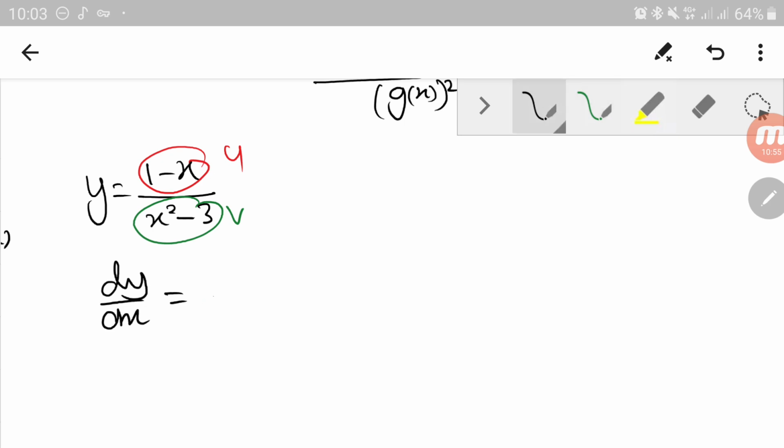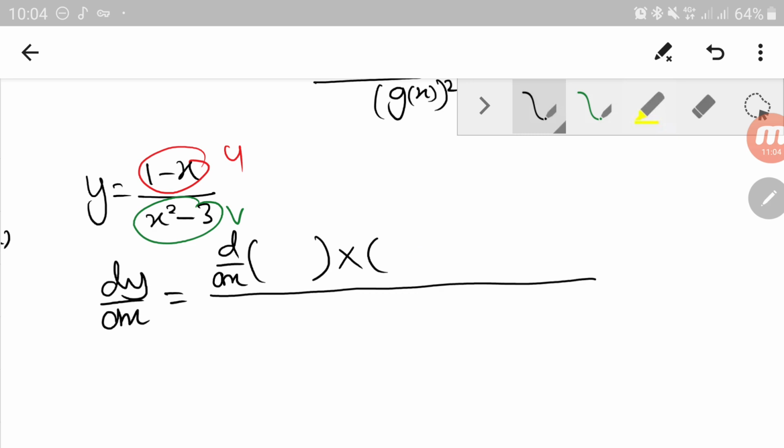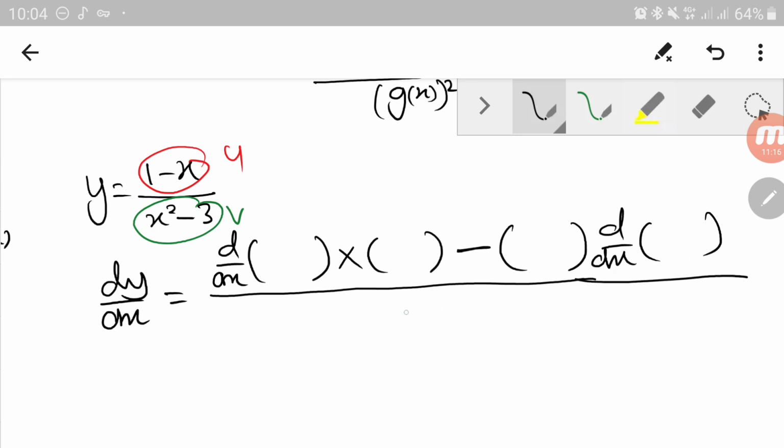So dy/dx is the differentiation of the numerator multiplied by the denominator, minus the numerator multiplied by the differentiation of the denominator, and then we square the denominator.